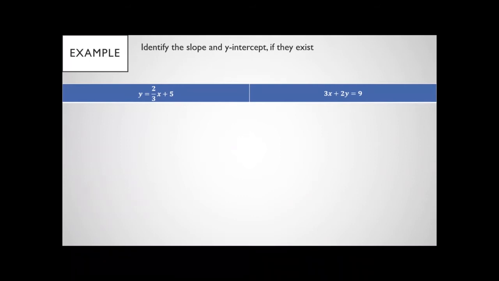So I'm going to grab my pen here. The first equation we have is y equals 2/3 x plus 5. Slope-intercept form is y equals mx plus b, so our first equation is in that form. The number that's in front of x when it's solved for y is your slope.